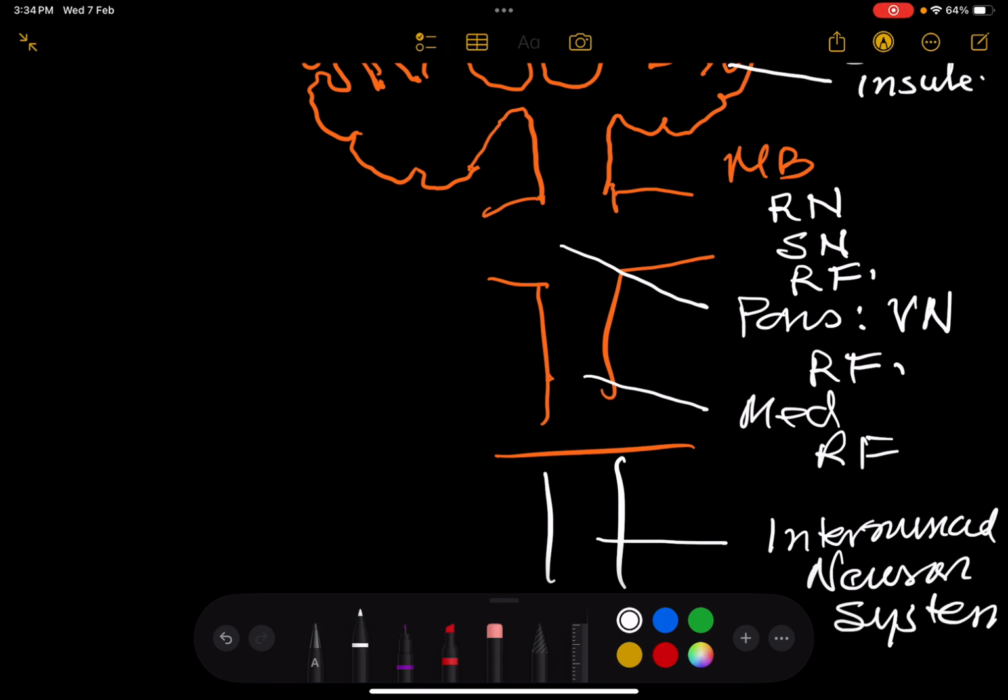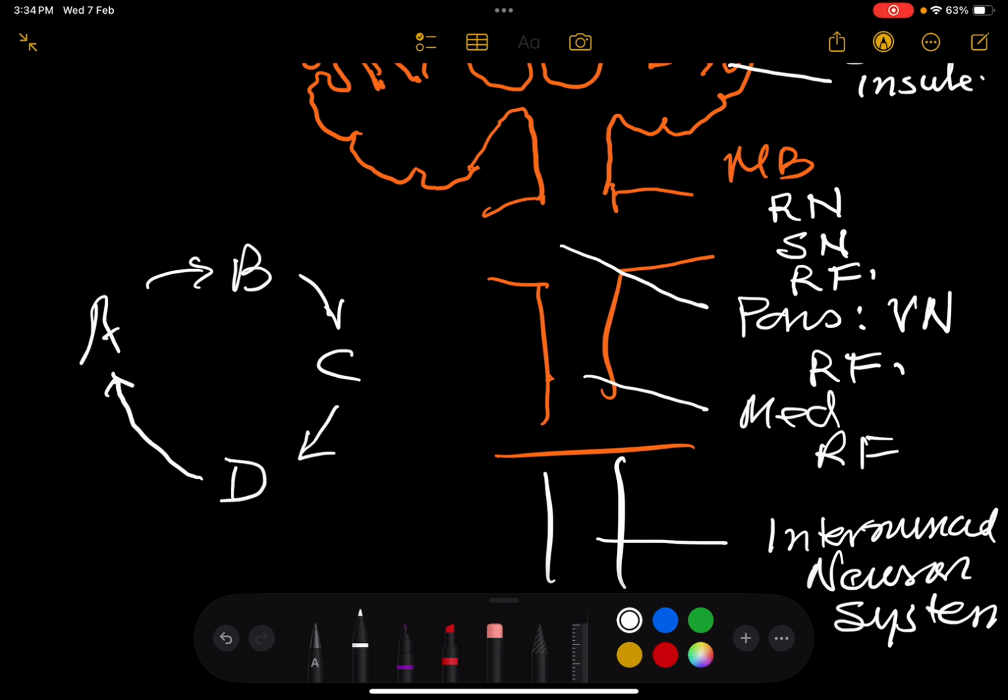Now, something which is very peculiar about the reticular formation is this: if A stimulates B and B stimulates C and C stimulates D and D stimulates A, and when the impulse returns to A, A is not refractory, then this impulse will start going round and round like this, perpetually.